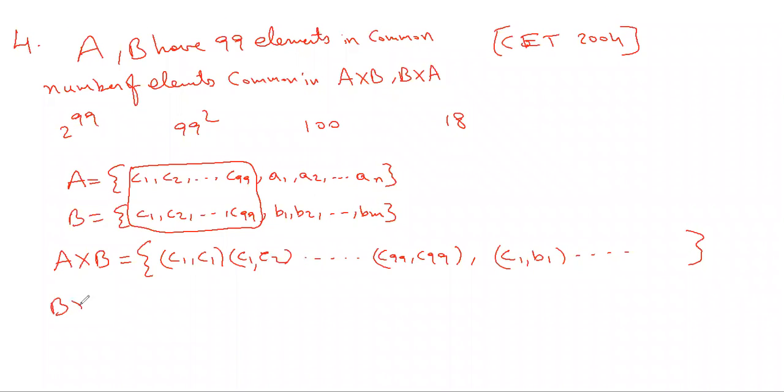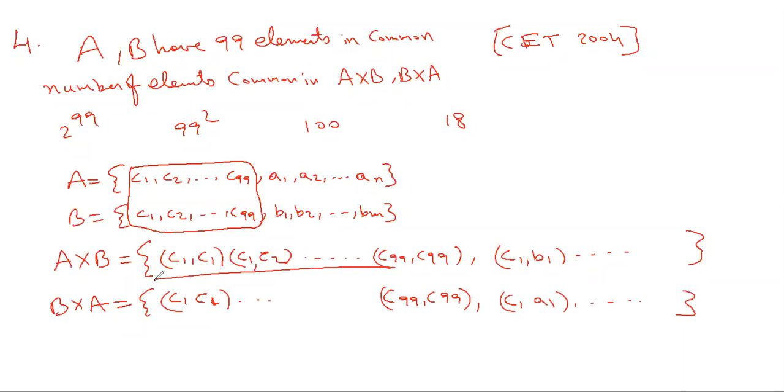And if you go for B cross A, even in B cross A you'll have C1, C1, and all these up to C99, C99. And after that, C1, A1 or something like that. So only these elements are common in both A cross B and B cross A. How many such elements are there?